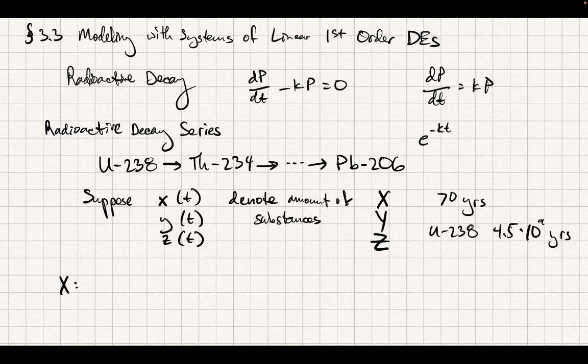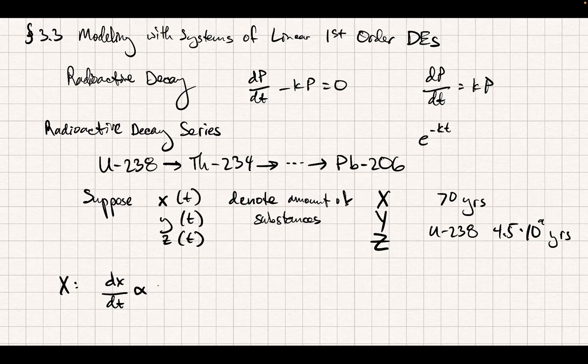Tell me what it is. dx/dt equals minus k. So I'm going to set up dx/dt, and I'm just going to say equals. The concept of it is the rate at which it decays is proportional to what? The amount, so just x.